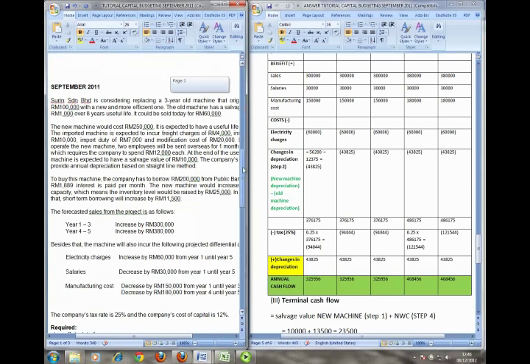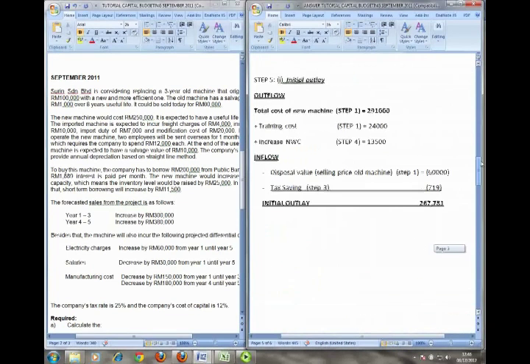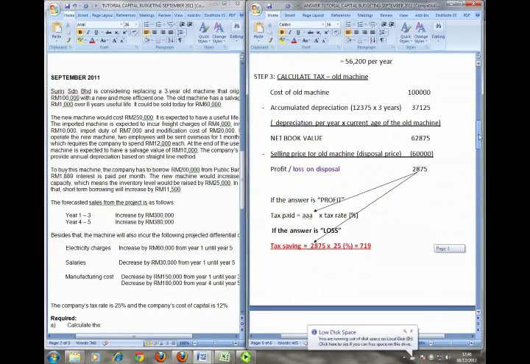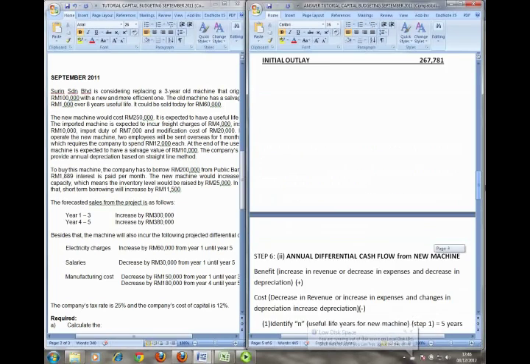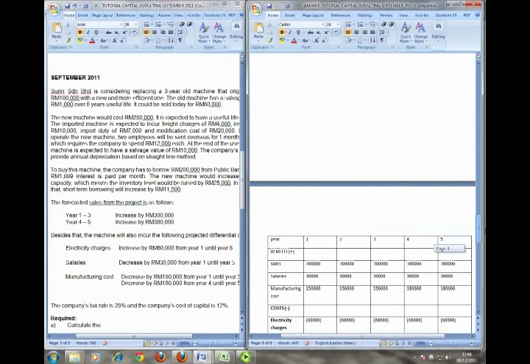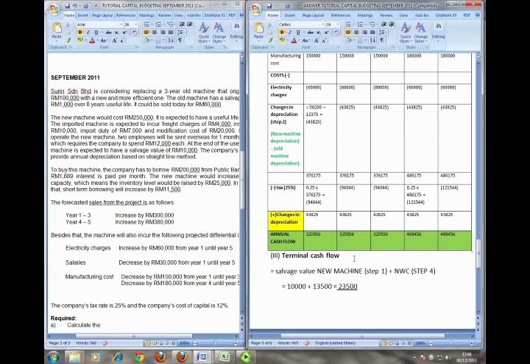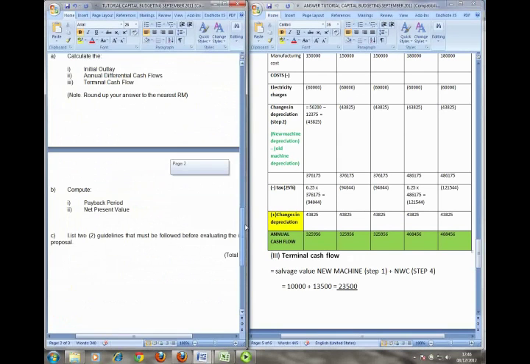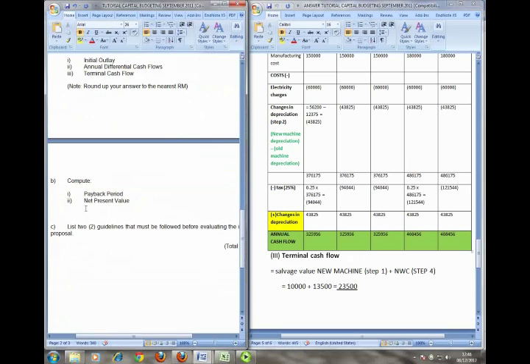Based on that session, I taught you how to construct a table to find your initial outlay, your annual differential cash flow and terminal cash flow. Now, class, we try to answer question B, payback period and net present value.